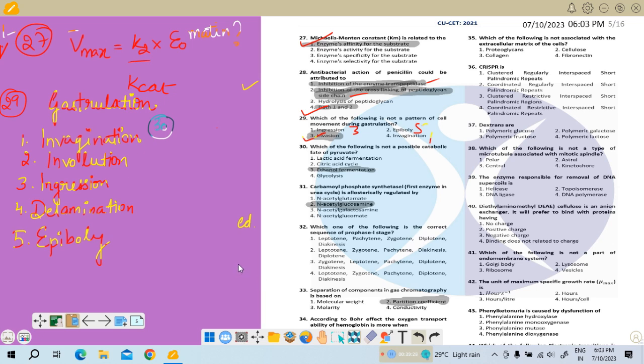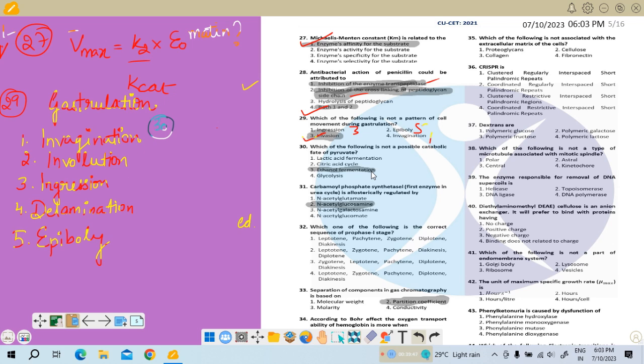So ethanol fermentation and lactic acid fermentation. If you take an example of athletes, they do too much exercise, right?